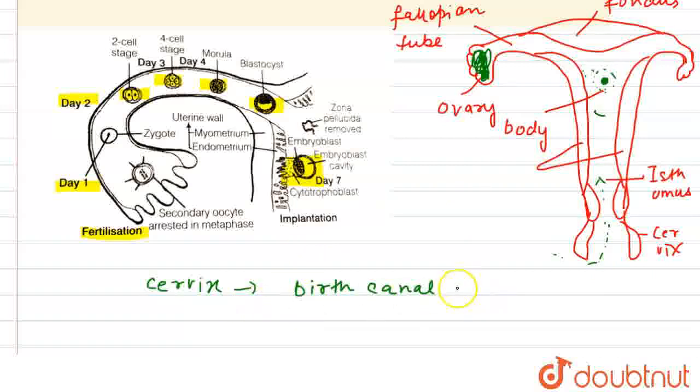So cervix is a birth canal, through which parturition takes place, right? Parturition is basically the expelling of the young individual, the delivery of the baby here, right?